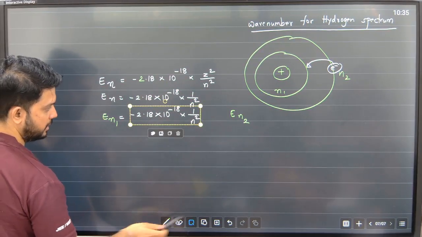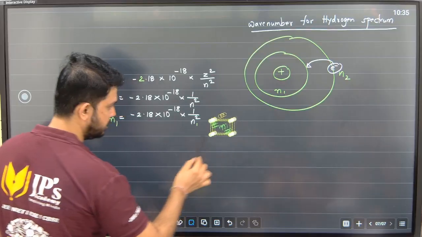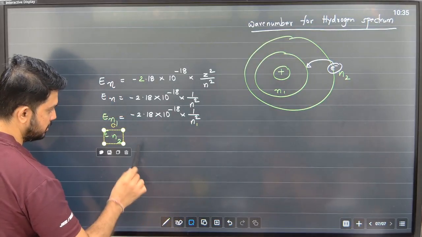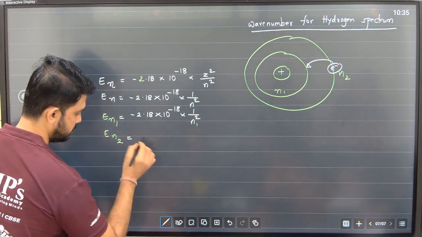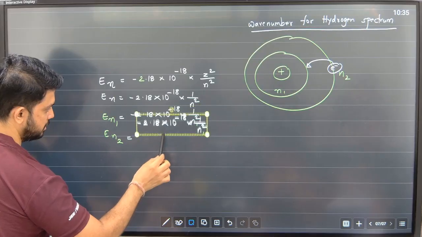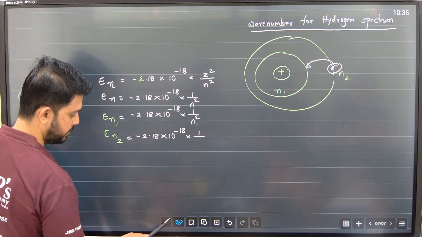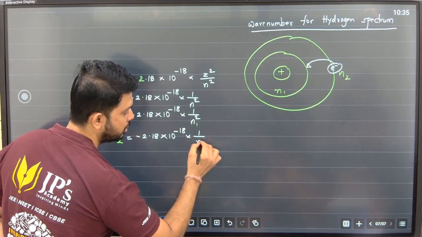Minus 2.18 into 10 raised to minus 18 upon n1 square. What will be the energy in the n2 orbit? Minus 2.18 into 10 raised to minus 18, and this will become what, people? n2 square.